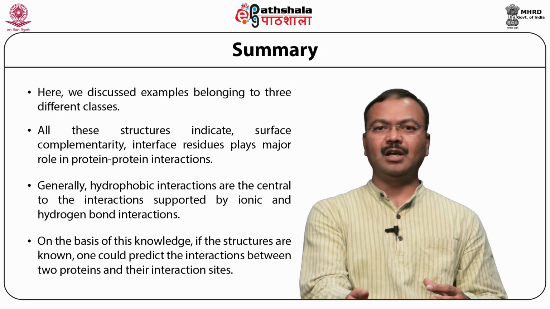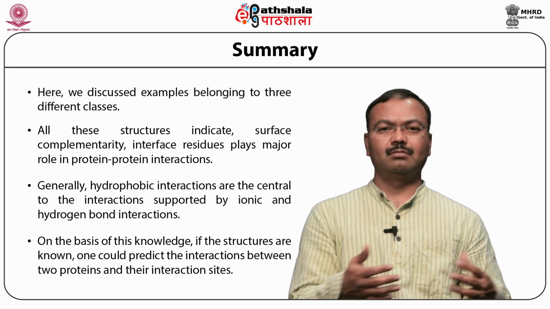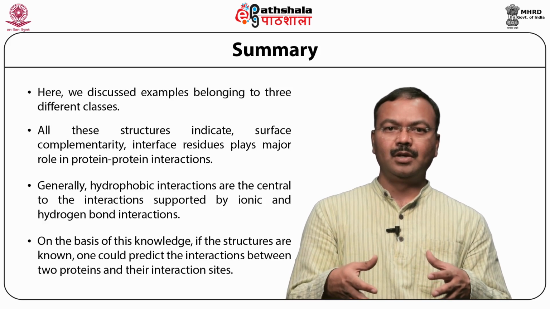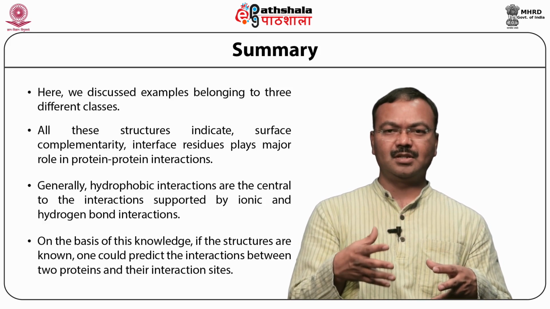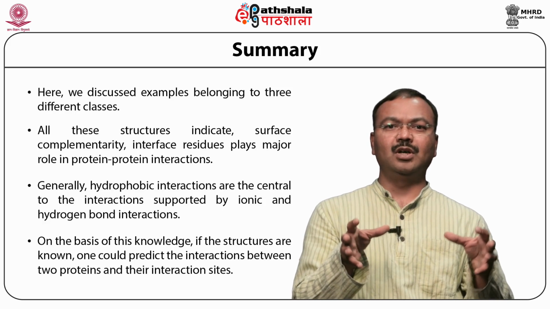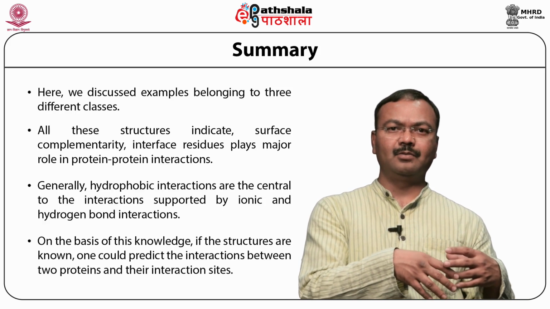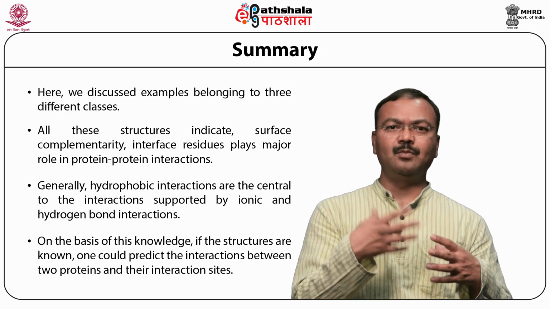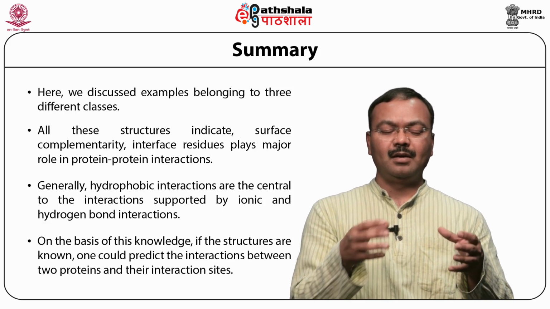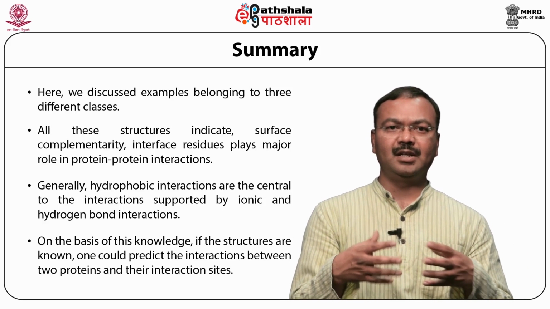Today in the PDB we have 1.2 lakh structures, and more protein complex structures are being reported. From these complex structures, we could broadly classify them into 4 different classes. Here we have discussed examples from all 4 classes, and from these complexes, what could we understand?